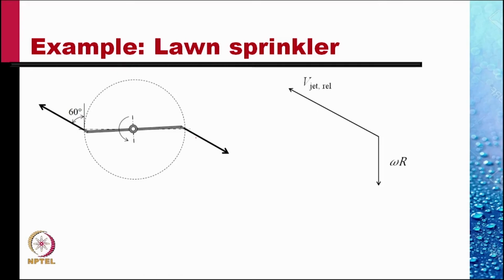So, the net velocity, the effective velocity, is the difference of these. If this is to be radial, then omega r should be equal to the vertical component of the relative velocity of the jet.